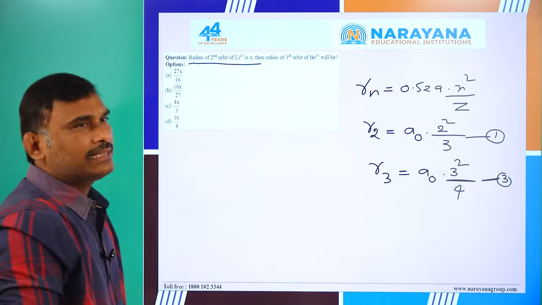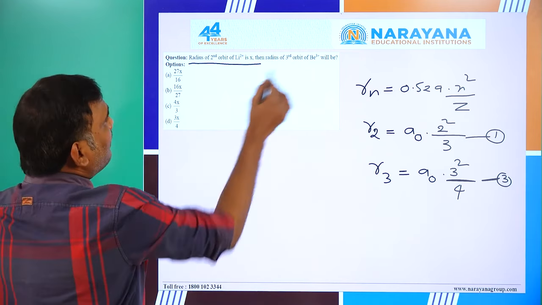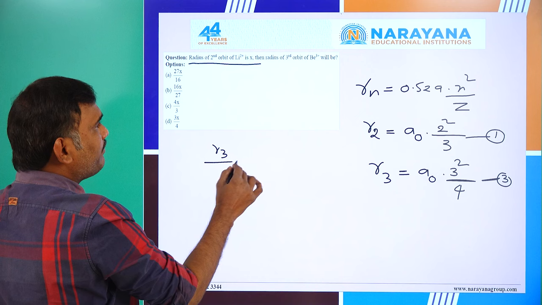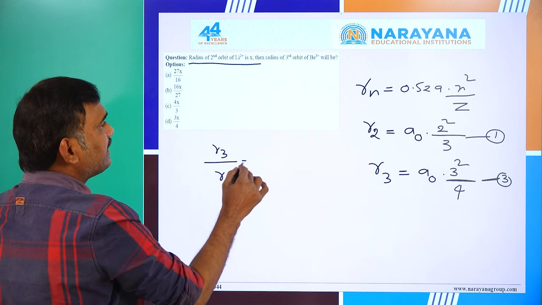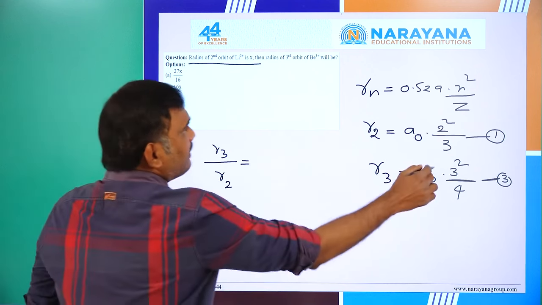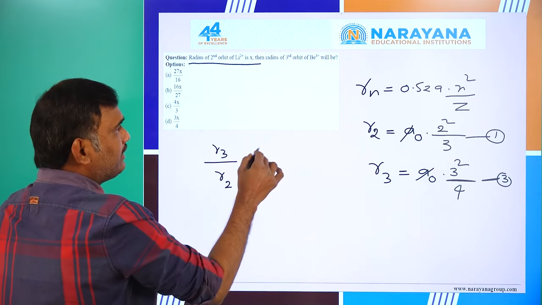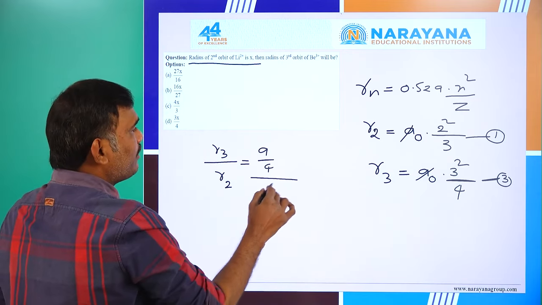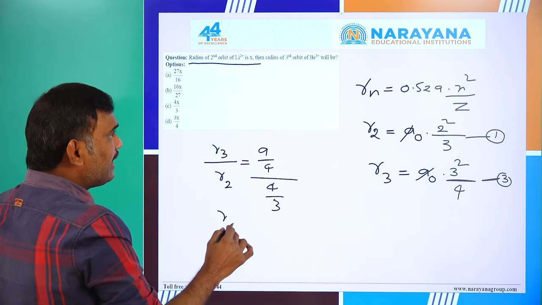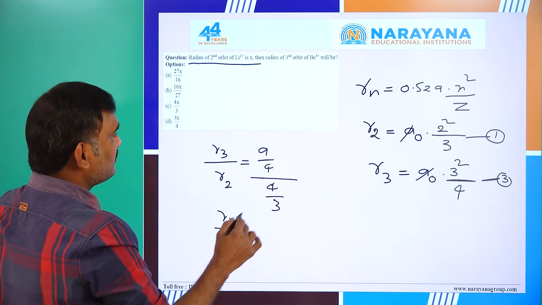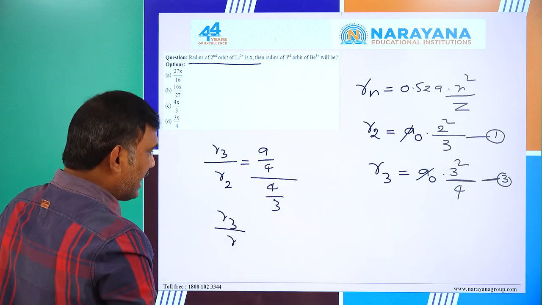Now you can do R3 by R2. R3 of beryllium by R2 of lithium is equal to A0 cancels, then 9 by 4 whole by 4 by 3. R2 is nothing but what they given as x.